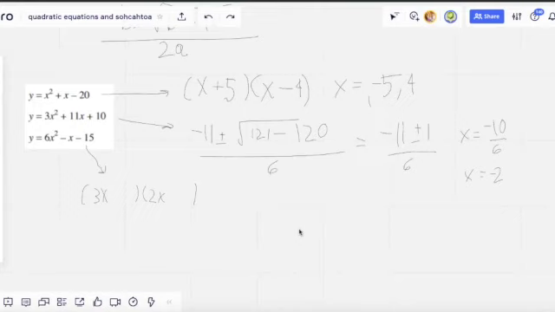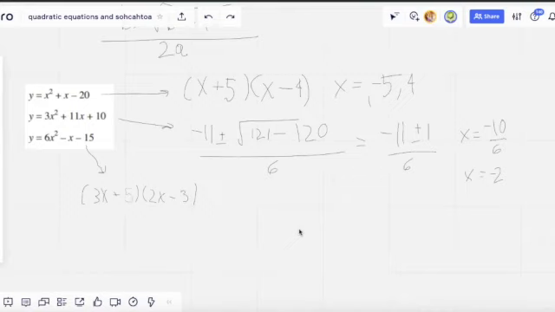So this number, how many 3x's we have? So maybe we try -3. Or maybe we try, let's do 3. And then +2. Or +5, right? So that almost works because we have -9x and plus x.